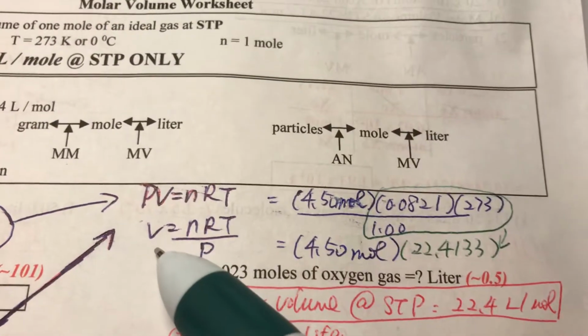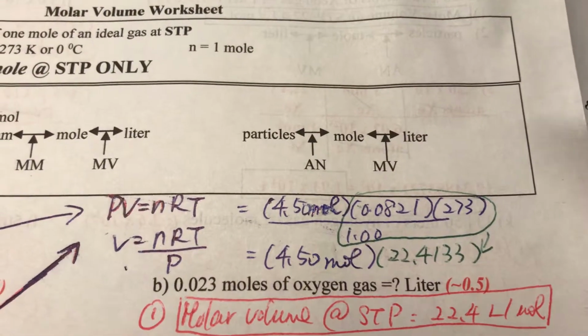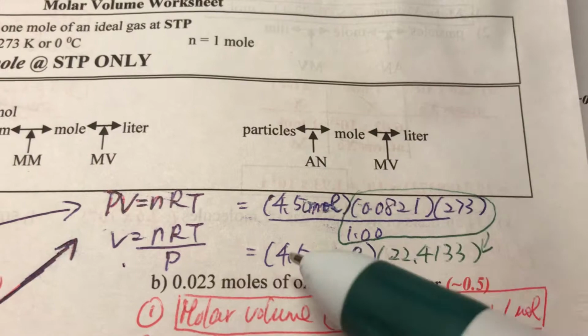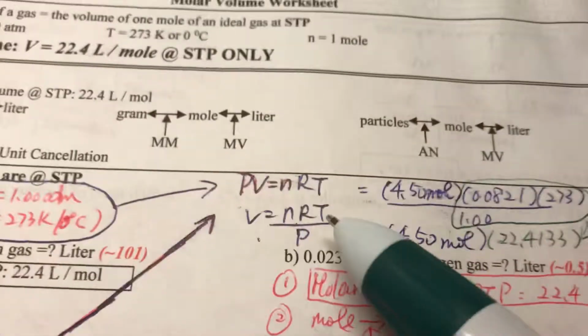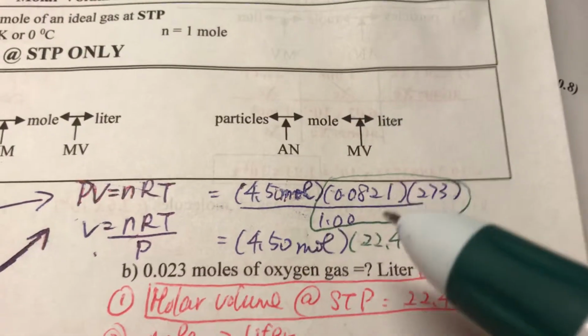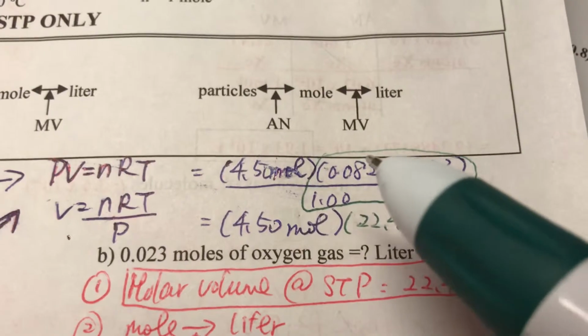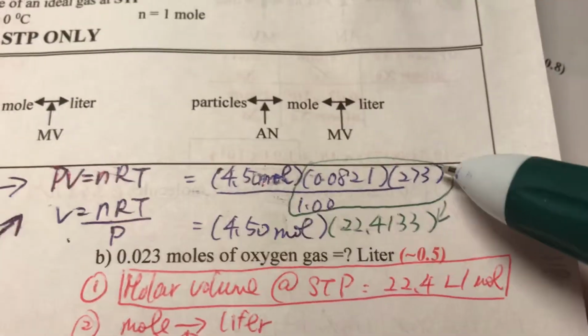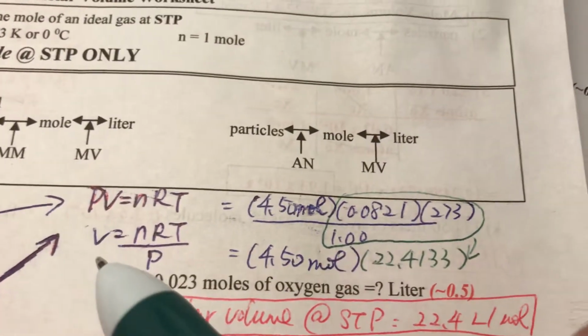My n is 4.5 mole, my R constant is 0.0821, my temperature is 273, my pressure is 1, and I'm looking for my volume.